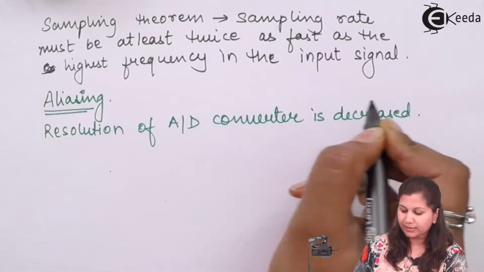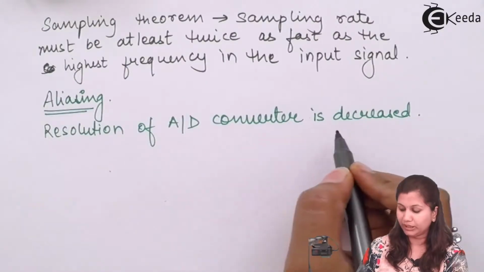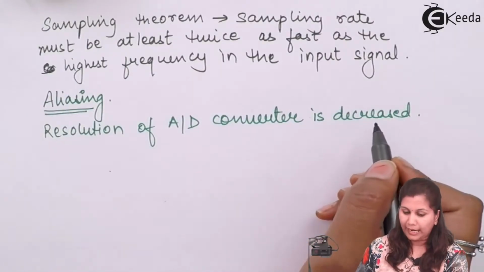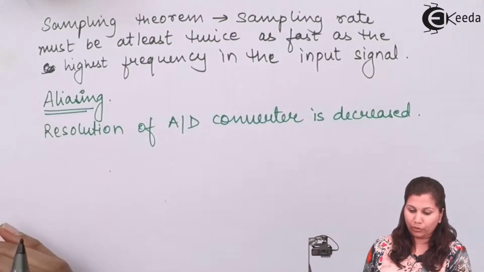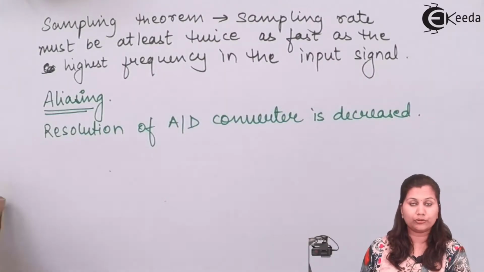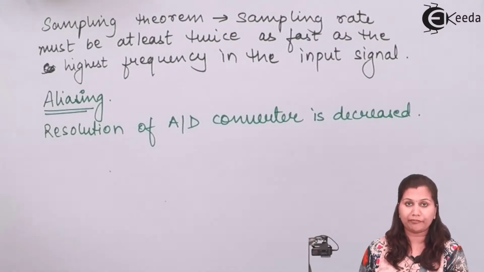So if any changes are made in the sampling rate, the resolution of the A to D converter is decreased. Due to this reason, we can say that the bandwidth and the resolution of the A to D converter and the oscilloscope are affected.